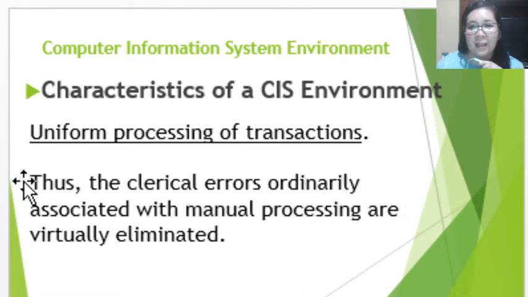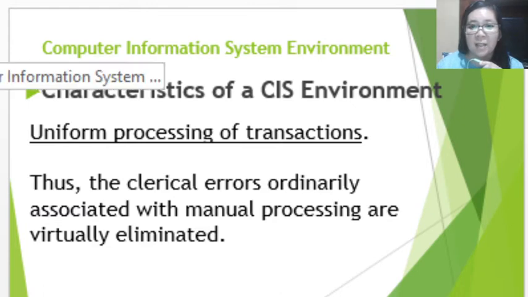Thus, the clerical errors associated with manual processing are virtually eliminated because there is already a standardized process. When there is an input or a process that is not recognized by the program, it will not be processed.